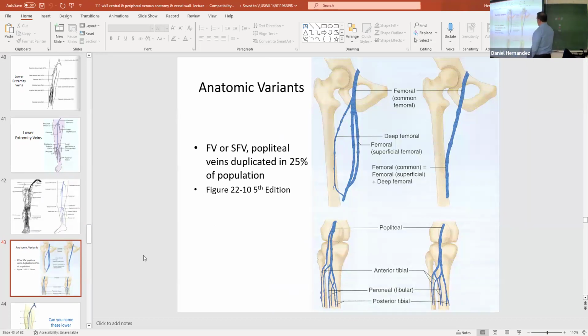You could have patients where they don't have an actual deep femoral vein. It's just one vessel continuing down where you don't get that bifurcation or splitting. So just realize that anatomical variants do exist, and when you're imaging, it might look a little bit different on one patient.